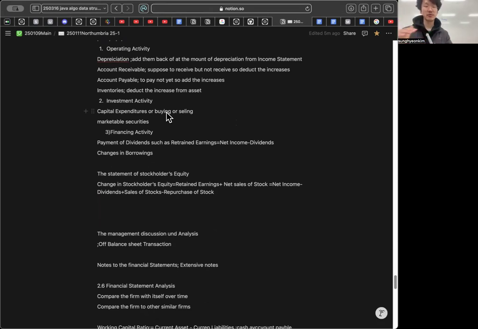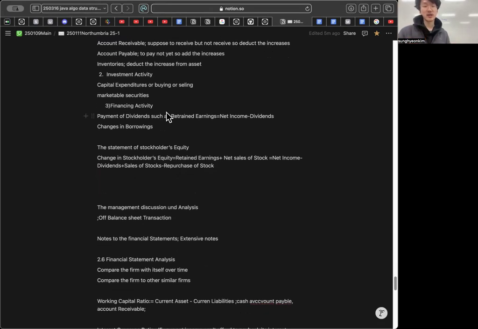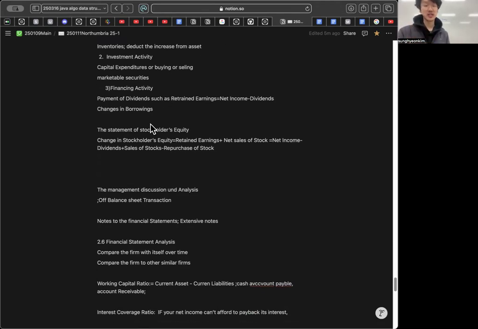Account payable is the opposite way. We should add the increase because we should pay it, but we didn't pay it yet. So we should increase it in cash flow. For inventories, we should deduct it because in the balance sheet we already increased it as an asset, but we did not really earn the money and get the cash yet.